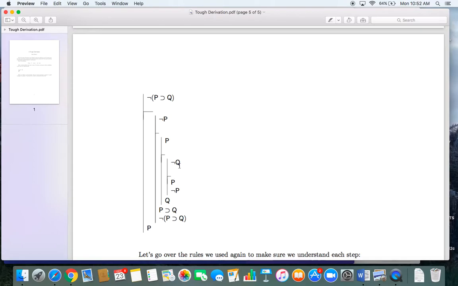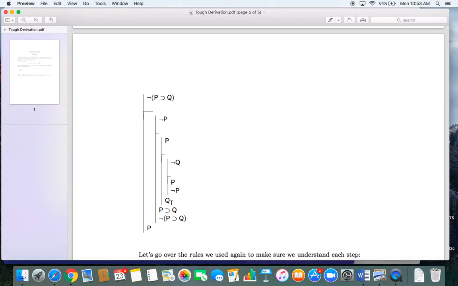And then we make the further assumption that not Q, with an eye toward using negation elimination inside here. If we get a contradiction from not Q, then we'll have our proof that Q from P, etc. And in fact, the contradiction from not Q is pretty straightforward. Since we've already assumed P and not P, we can just write those down again.